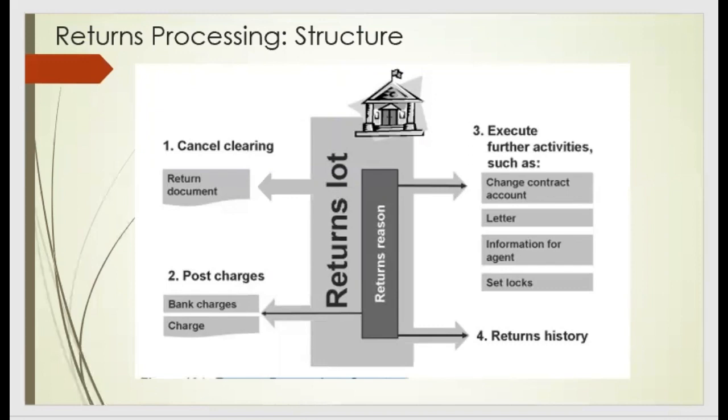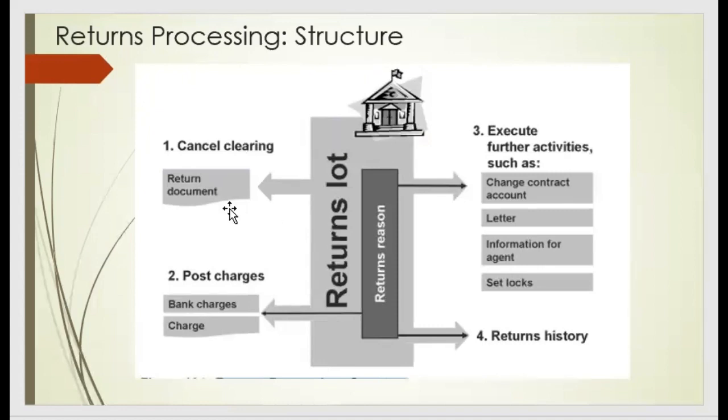So what is the return processing structure? First, the returns are coming from the bank. You can see this house is the banking system, so all these returns come from the bank.